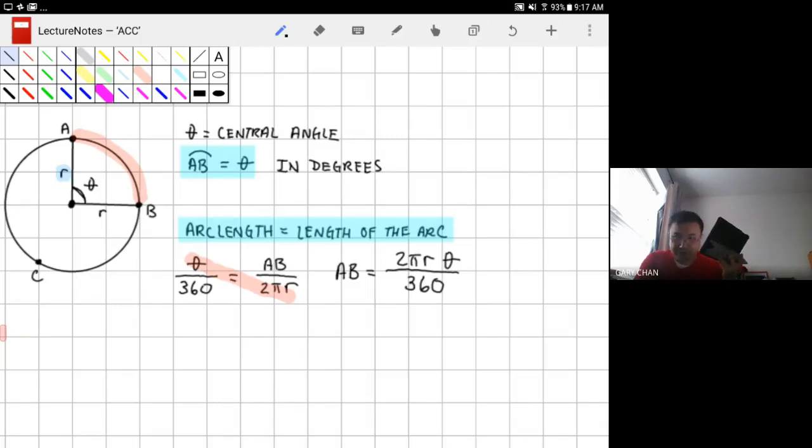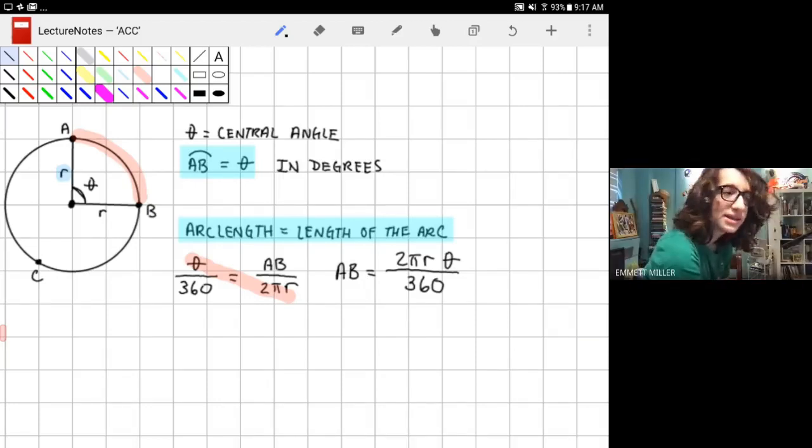What units should we have? Is it going to be in degrees, or is it going to be in terms of feet, inches, meters? Well, it should be in units because it's a measurement, not an angle.